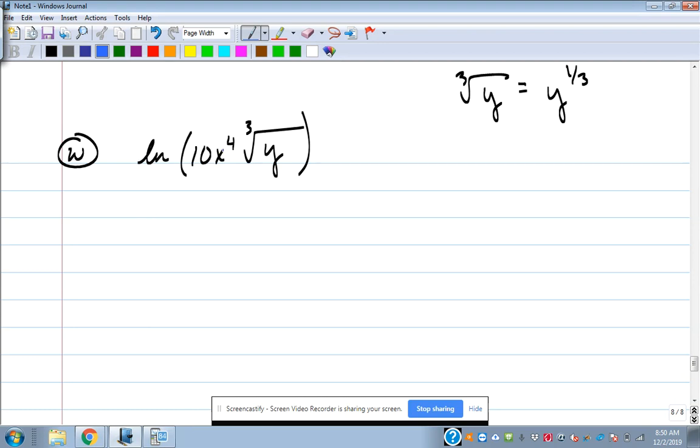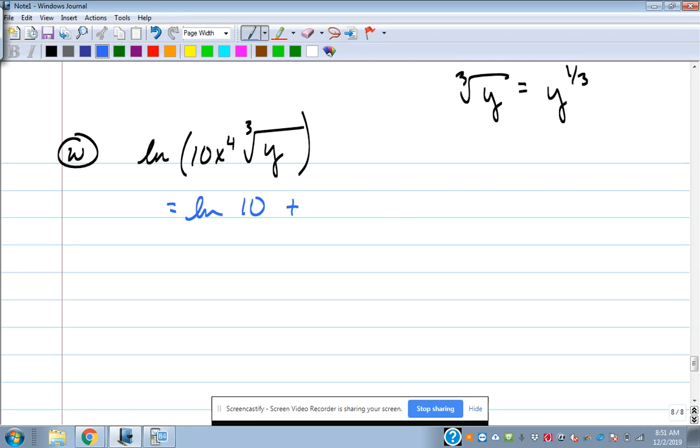So let's try to do more than one step at a time. So we've got natural log of what? What's going on between everybody? They're all multiplying together. So I've got 10 plus what? x to the fourth, right?